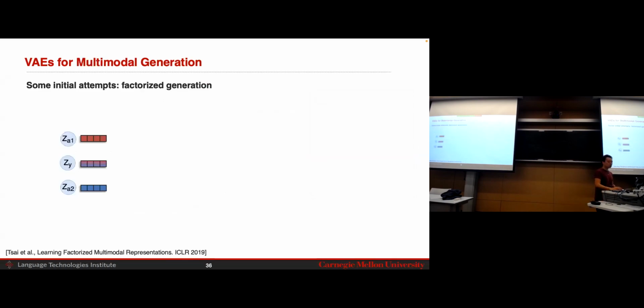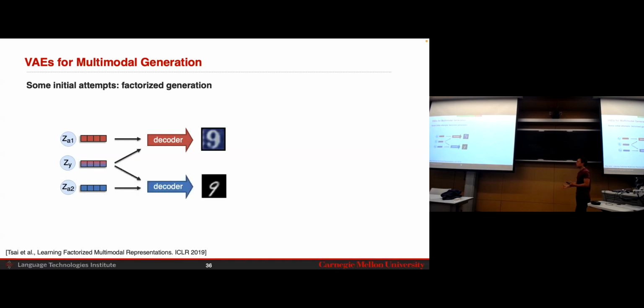But one good example of disentanglement, you can actually use VAEs to learn factorized multimodal representations and then do factorized generation. So over here, what I'm showing is an example. Again, I talked about this very quickly in the last lecture. If you have 2 modalities, in this case, SVHN and MNIST, 2 image modalities, you can actually learn more representations than you started with. That's representation factorization or fission, right? And the main purpose of learning more representations than you started with is that you can have one representation, ZY, measuring a joint information between both modalities.